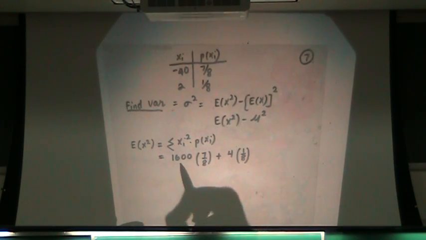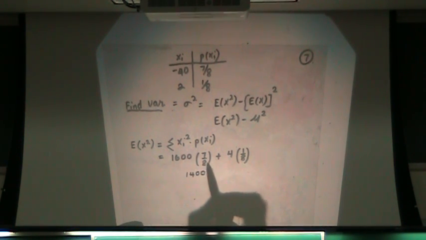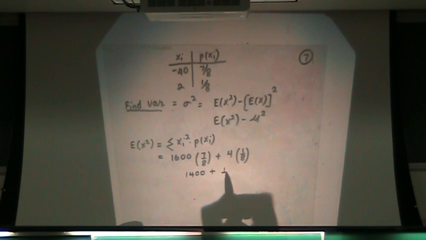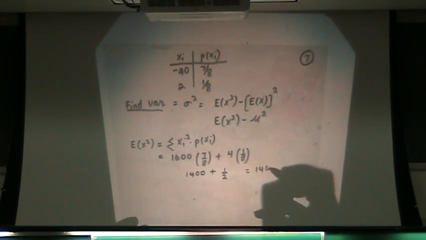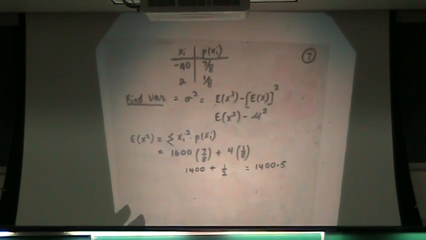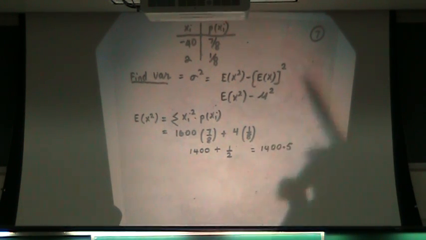So 200 times 7, 200 times 7 is 1400. Plus 1/2. 1400.5. You better check me, okay? And then minus mu squared.